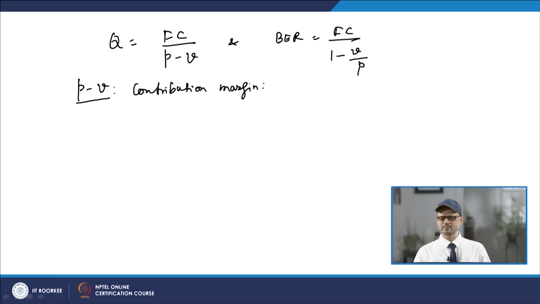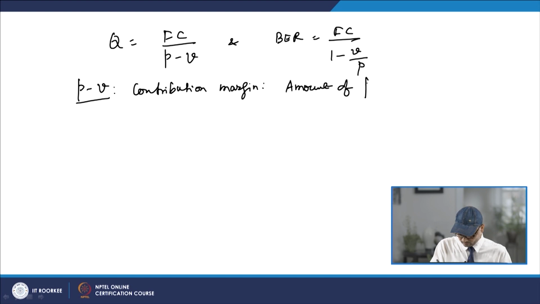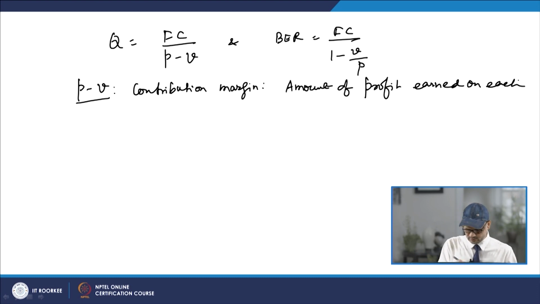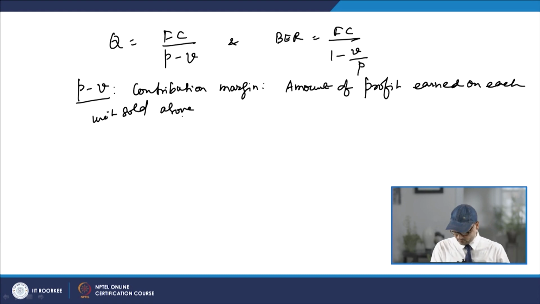So, this is nothing but the amount of profit which is earned on each unit sold above and beyond this break even point, that is, above and beyond BEQ, the break even quantity.